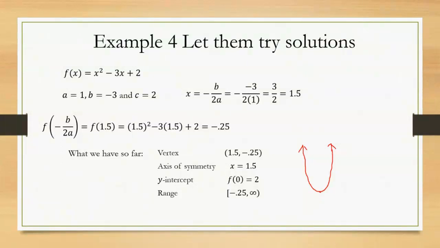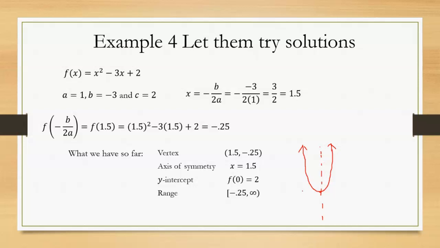You know that the axis of symmetry is the vertical line that goes through the vertex. Hopefully you can see why the range has to be this. The range is going to go from the y coordinate of the vertex up to infinity.